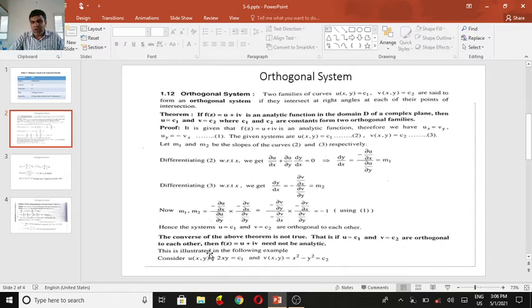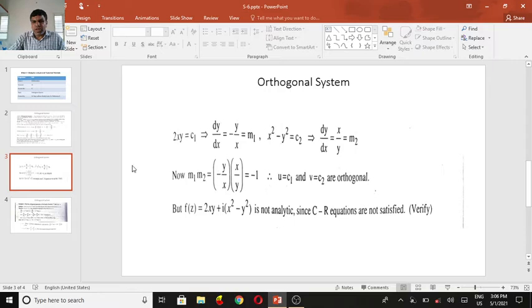Now I am going to differentiate partially with respect to x and y. So 2xy equal to C1 gives dy/dx equal to minus y by x. I call this m1. Again, x squared minus y squared equal to C2. Differentiating, we get dy/dx equal to x by y.